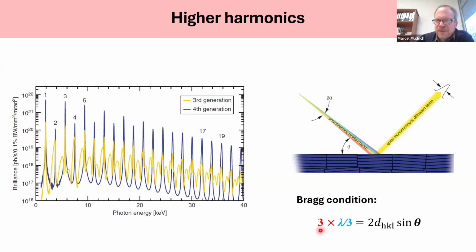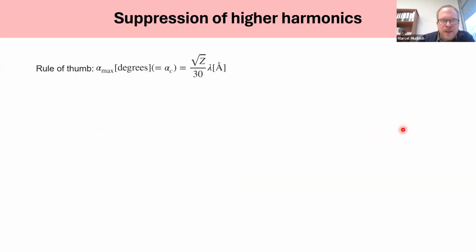And that is a big problem, because this beam actually is not perfectly monochromatic, but does contain higher harmonics. So the important question is, how can we suppress higher harmonics in the beam?